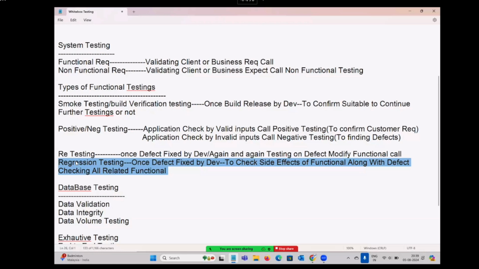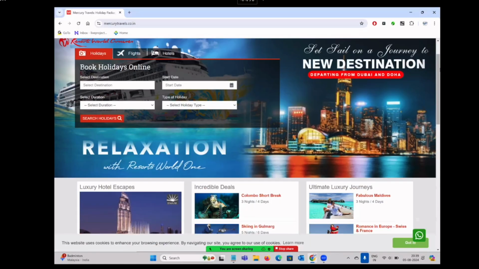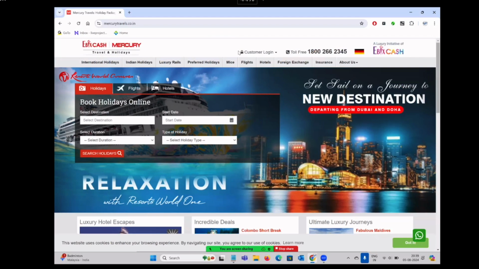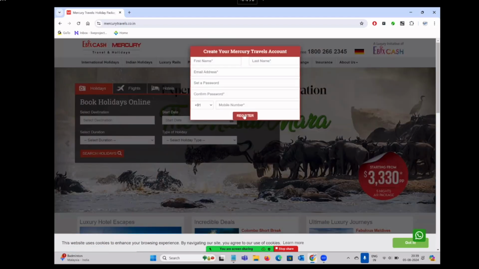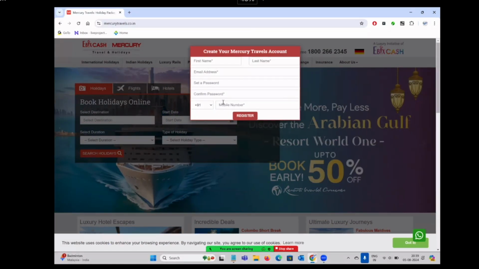What is meant by database? Collection of data. If I open Mercury Travels and go to register, if I enter all details and click on register, the details will be stored into the Mercury server. Am I right, my point?